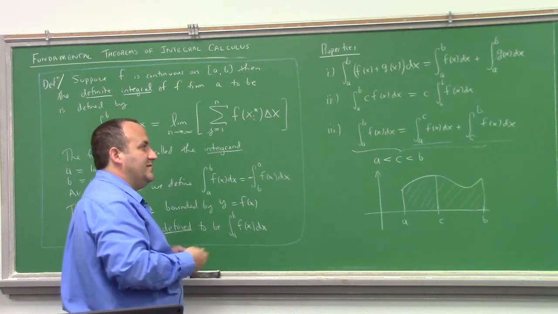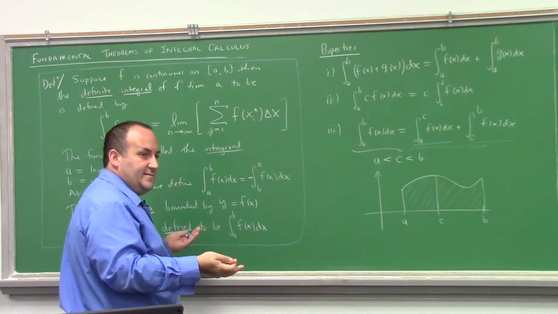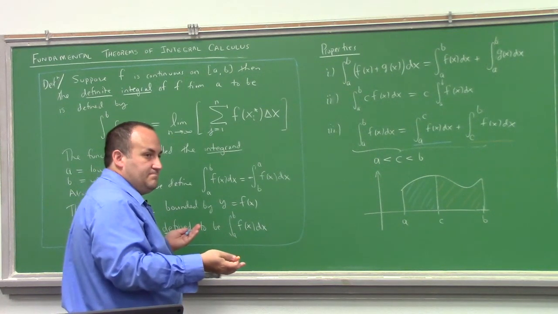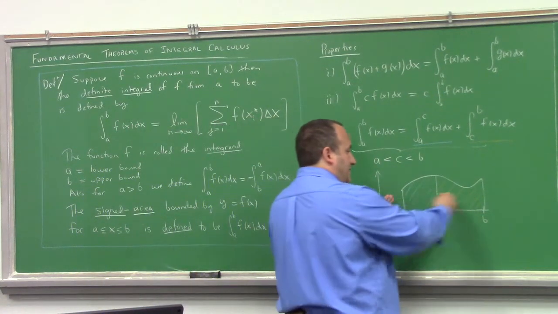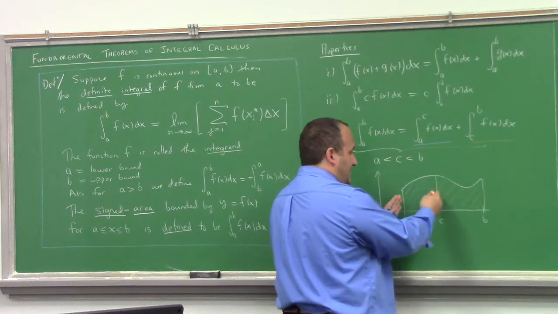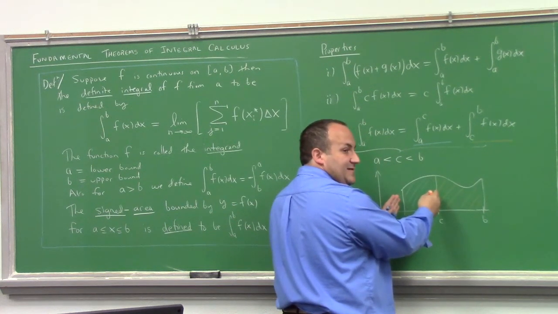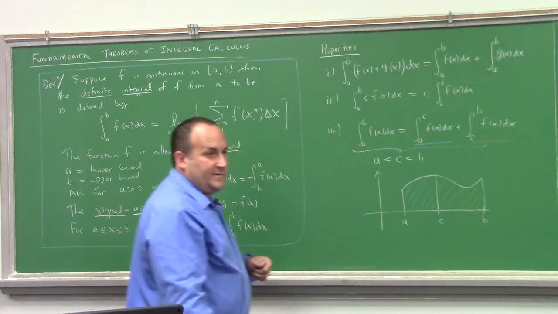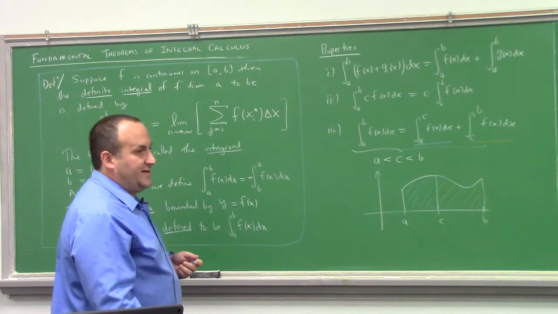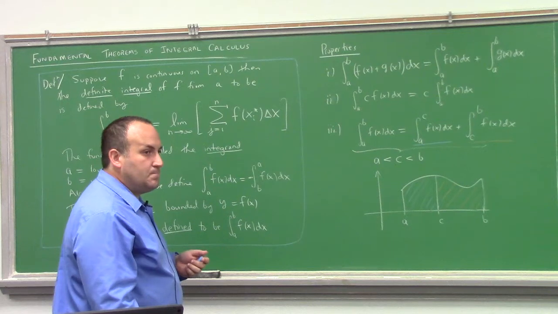So, of course this is true, right? If you wanted to calculate the area under the curve, you could calculate this much, stop there, and then calculate that much and add them together. That'd be the total area. This is a basic property of areas. It should have this additive property.